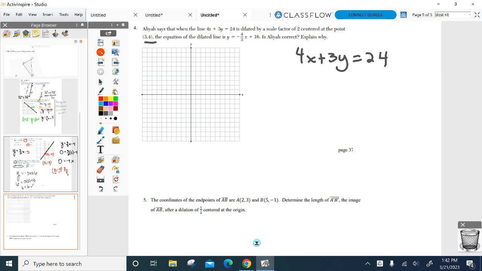First thing, we've got to figure out if 3, 4 is on there or not. That's the first thing I want you to figure out by yourself or in your group right now. Is 3, 4 on the line? Algebraically or graphically, I don't care. I'll do both up here while you're talking.